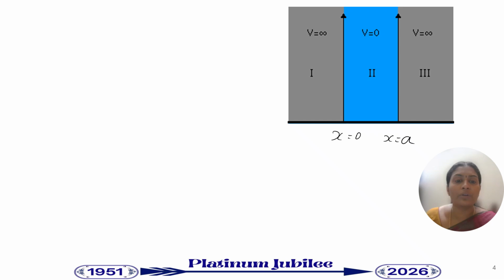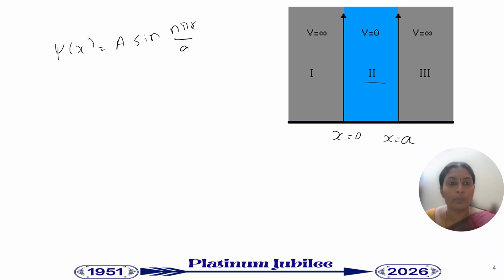And we are very sure it is possible to find the particle only in this region 2. And in regions 1 and 3, definitely we could not see the particle. And so psi of x is equal to A into sine n pi x by a, having a definite probability between the region when x is less than a and it should be greater than 0.